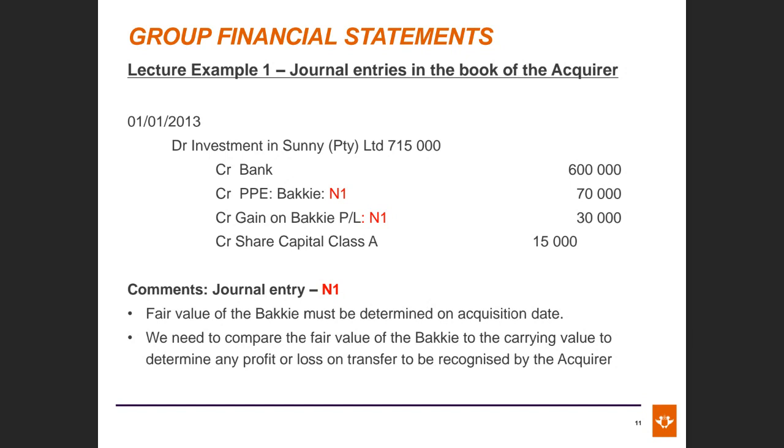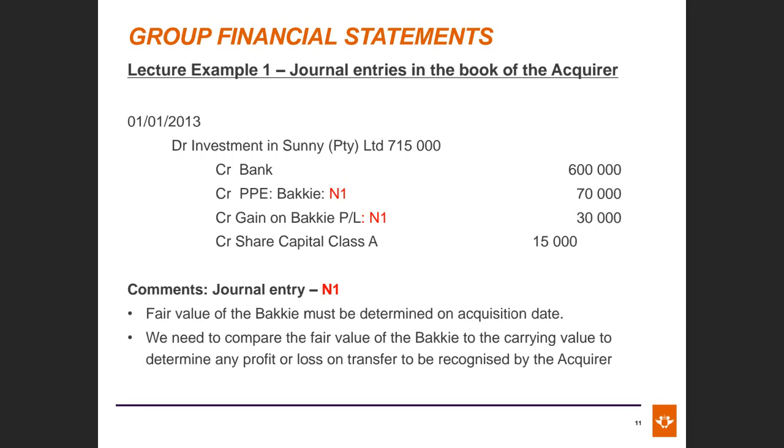Because they have now purchased Sunny, it is seen as an investment. So in Pops' books, we are going to debit our investment in Sunny Pty Limited of 715,000, and then we're going to credit the items that were used to pay for this investment.